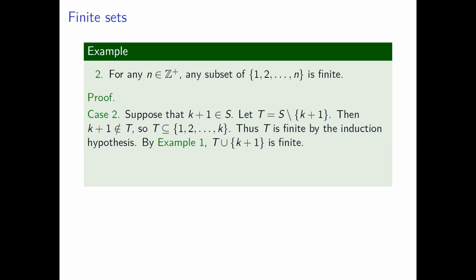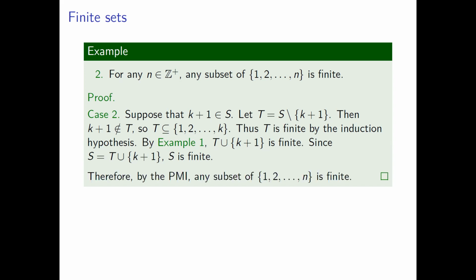By replacing the set S in example 1 with the set T, and the object X in example 1 with the integer k plus 1, we conclude that T union the singleton with element k plus 1 is a finite set. Note that S is equal to T union the singleton with element k plus 1. Hence S is also finite. This completes the inductive step. Therefore, by the principle of mathematical induction, any subset of the set of integers from 1 to n is finite.